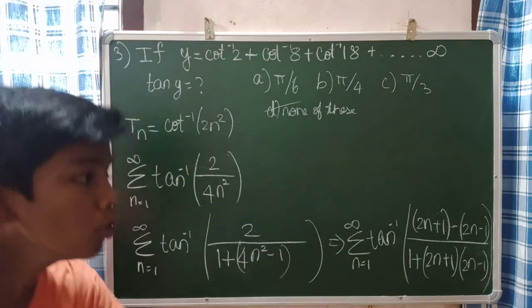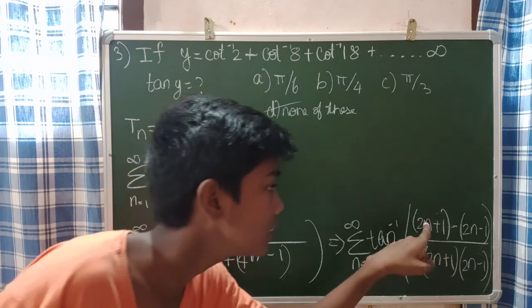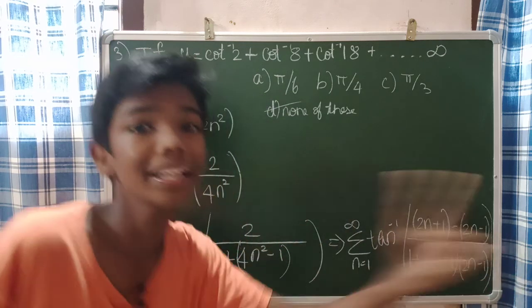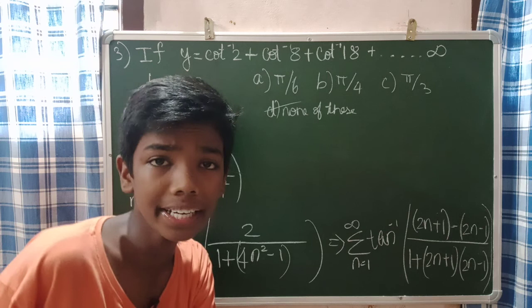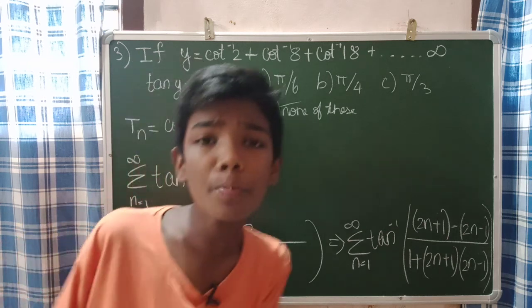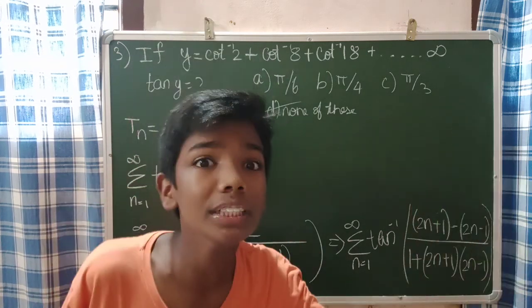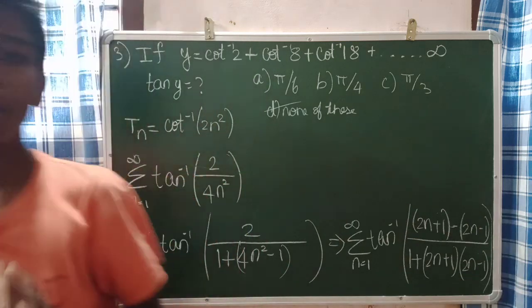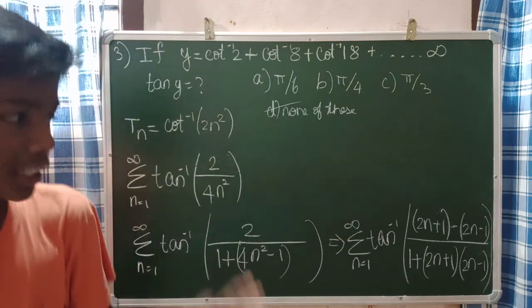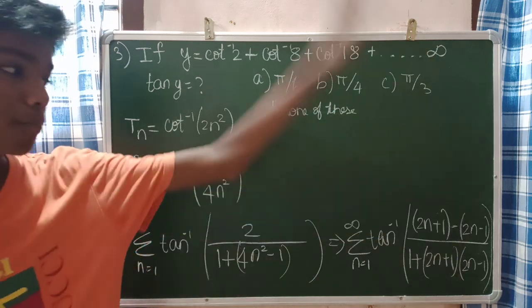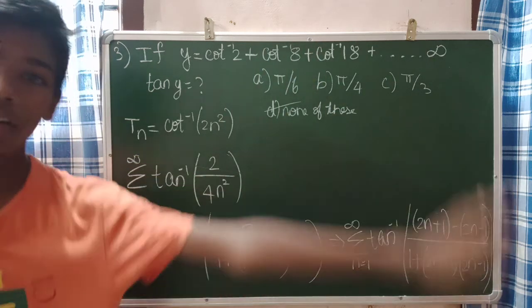Anyway we will be getting 2 because 2n minus 2n will get cancelled. 1 minus of minus 1 will be 1 plus 1, which is 2. But what is the reason behind doing such things? In order to use tan inverse of a minus tan inverse of b formula, I am doing such manipulations.